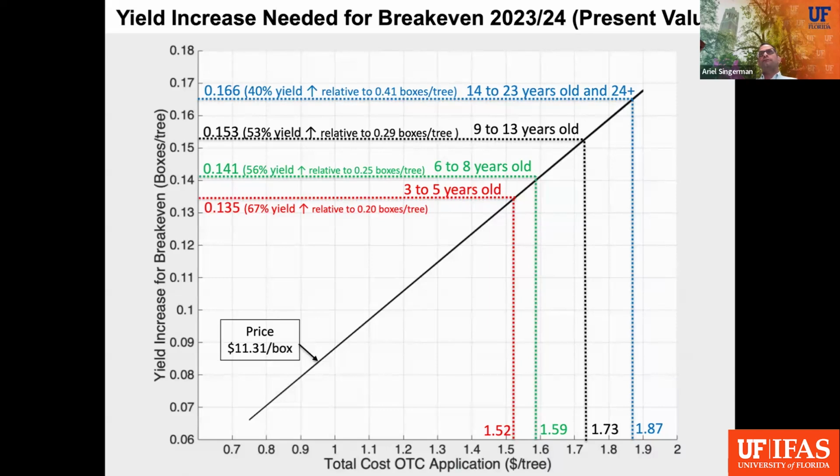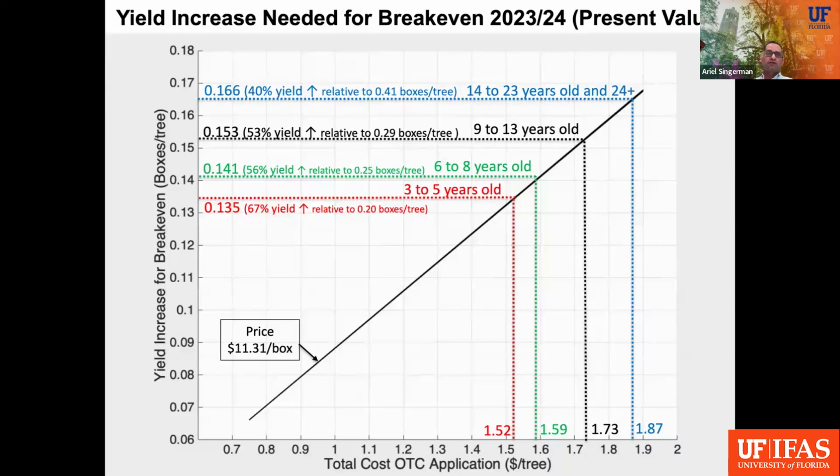For 14 to 23-year-old trees and 24-plus-year-old trees, the present value of the cost last year is $1.87. So the yield increase that is needed for break-even is 0.166 boxes per tree, and that represents a 40% yield increase relative to that tree age group average yield last season.